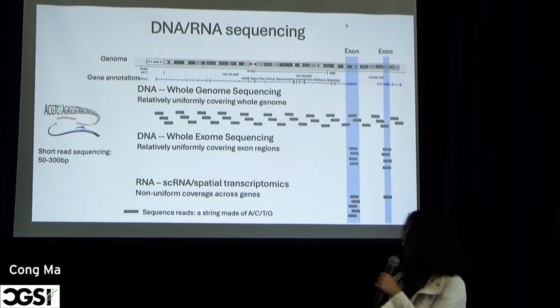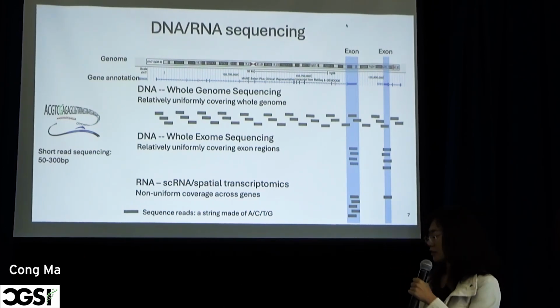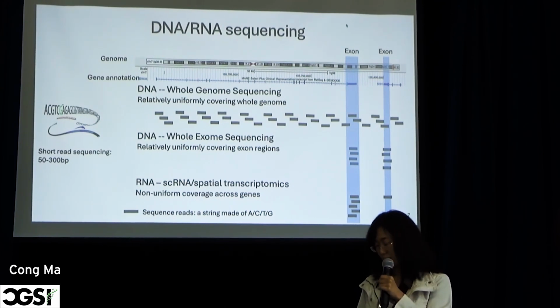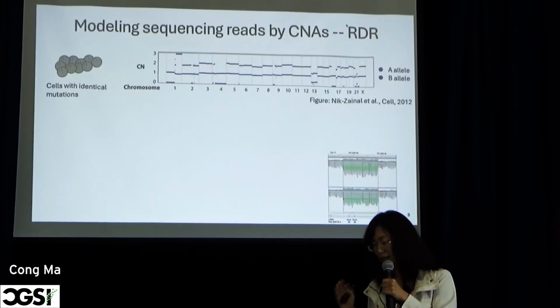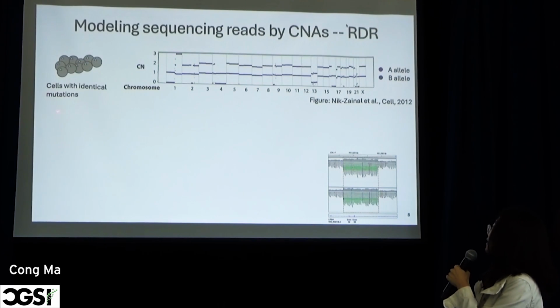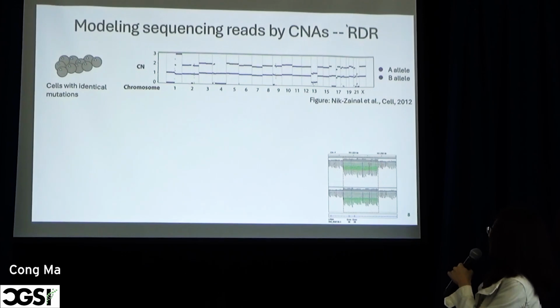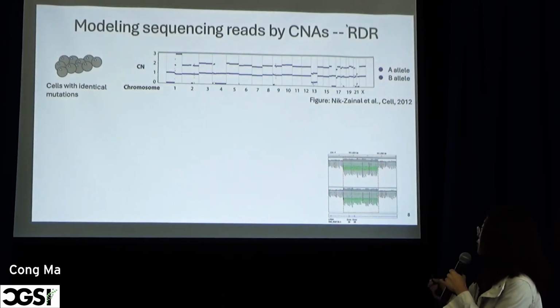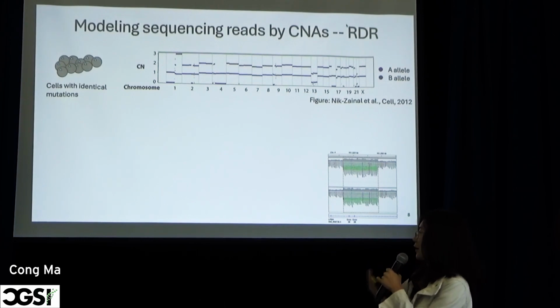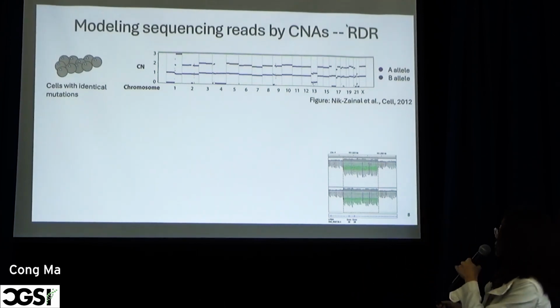And so with these sequencing technologies, how can we tell which parts of our genome have potential copy number gains and losses? As I said, tumors can have intratumor heterogeneity. But let's start with something simple: let's assume that we're dealing with a sample that has a homogeneous tumor cell population, and that we have a ground truth of what the allele-specific copy numbers are in this genome across all chromosomes.